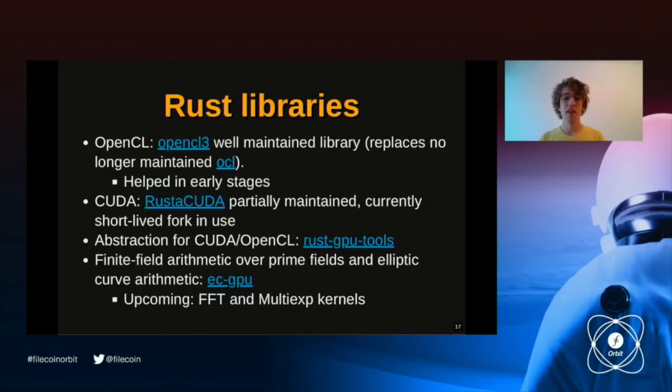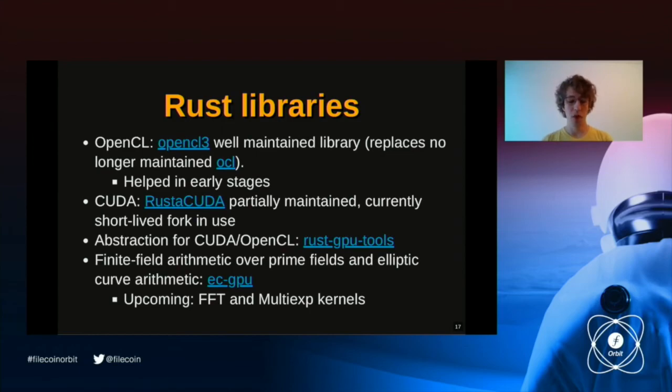And now, finally, I'd like to talk about what we use underneath. The proving system I was talking about is programmed in a programming language called Rust. And of course, we use libraries for certain things, and I'd like to get into some of the important ones.